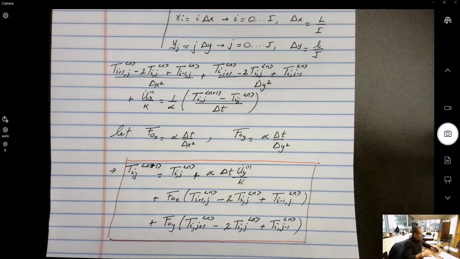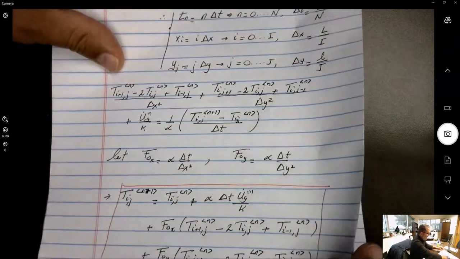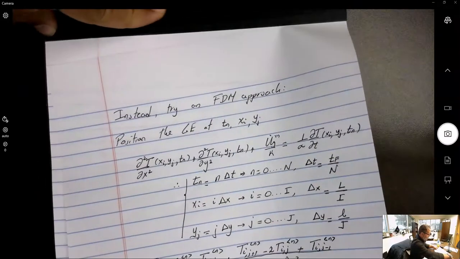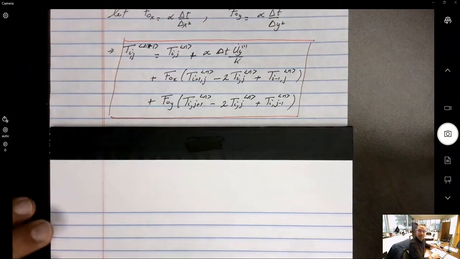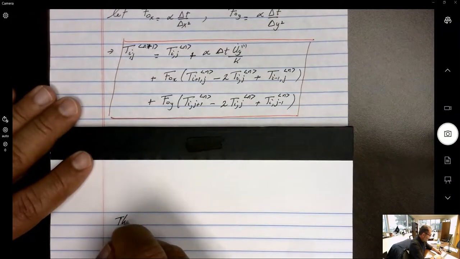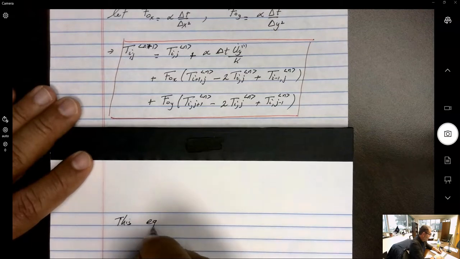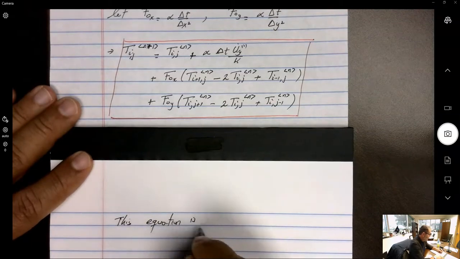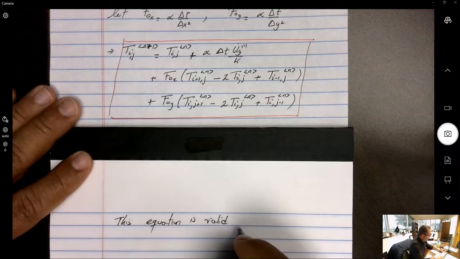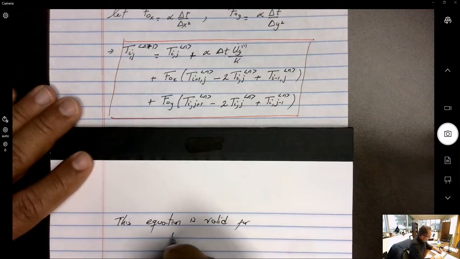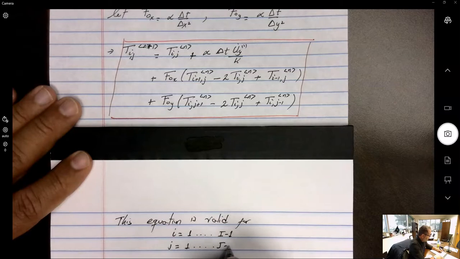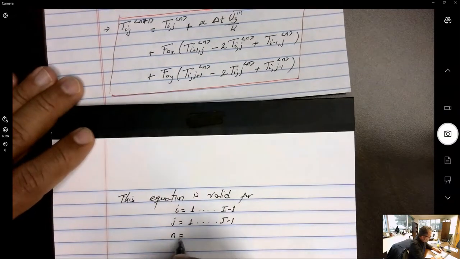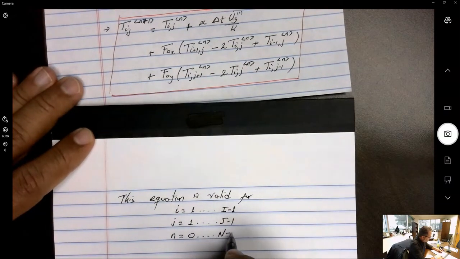So, basically, this equation is valid for i going from 1 to I minus 1, j equals 1 to J minus 1, and n going from 0 to N minus 1.